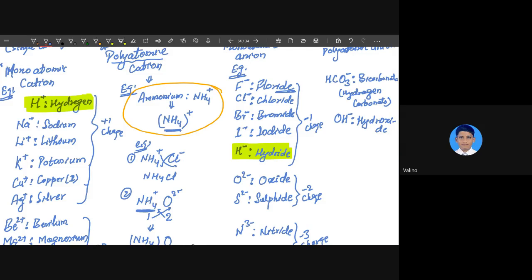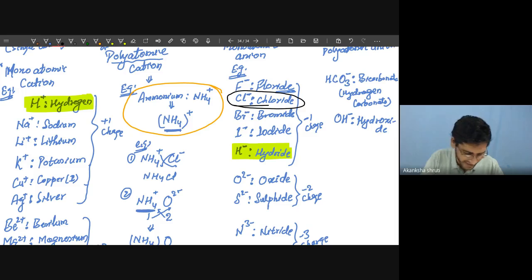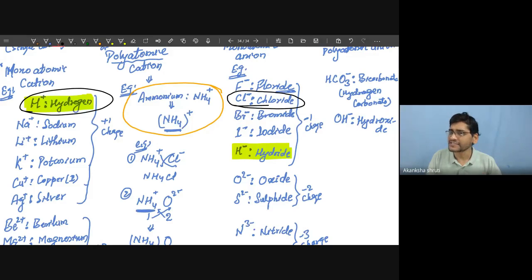Sir, can we include HCl? HCl is not carrying the entire charge. Only Cl is carrying negative charge and H is carrying positive charge. HCl is formed by combining Cl minus and H plus. They get neutralized. HCl is not a charged particle; it is a neutral molecule.